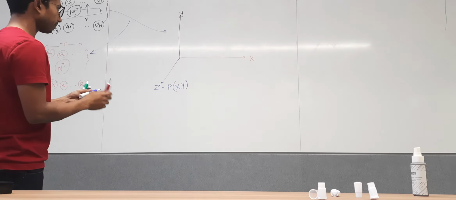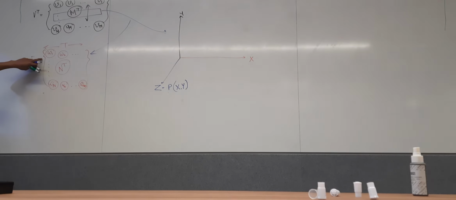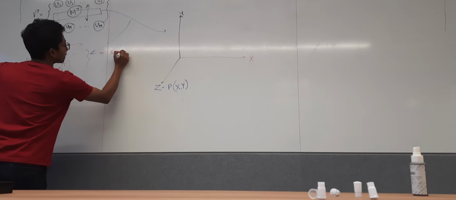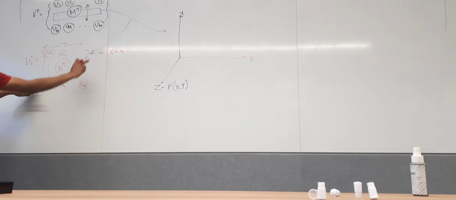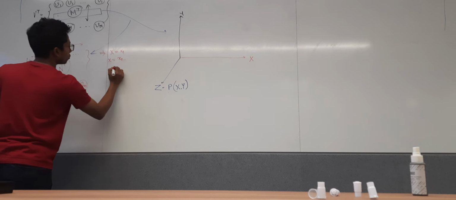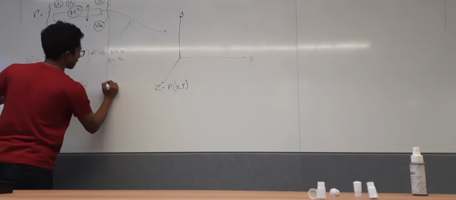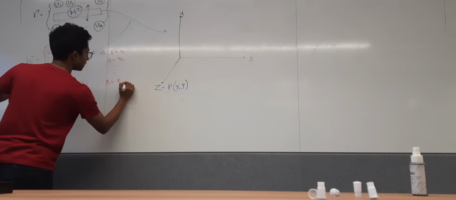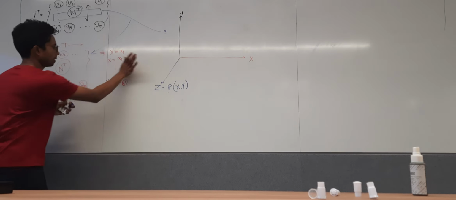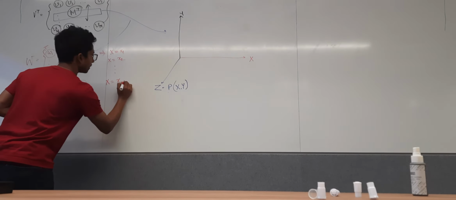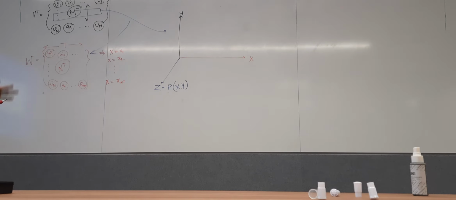And we can think of each of these sequences as some value that a random variable x can take. So this will be x equal to x1, next one will be x equal to x2, and the last one will be x equal to x n to the power t.